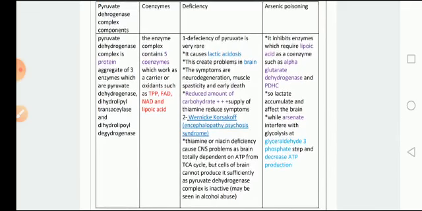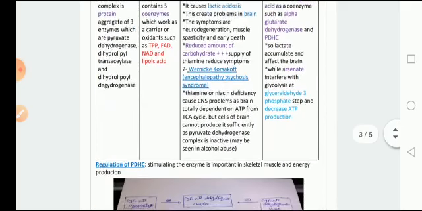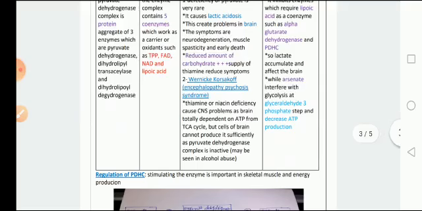Why? Because carbohydrates here cannot be metabolized, because I have a problem in the enzyme which is involved in the link reaction that links glycolysis and TCA. Another application for that enzyme is thiamine deficiency.